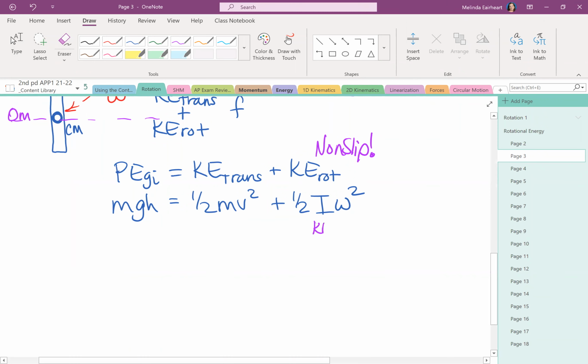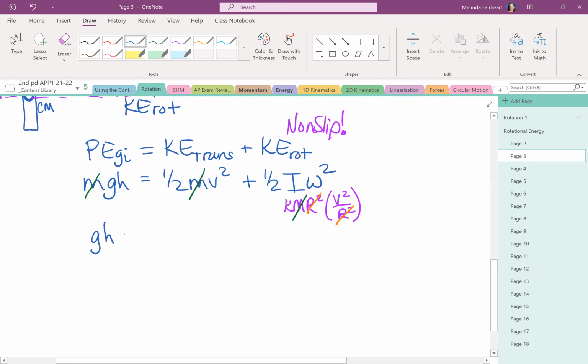Right, we can say that K mR squared times V squared over R squared. R's cancel, R squared cancels, and it's going to feel very similar, right? And so hopefully you see M's are going to cancel as well. So let me write what didn't cancel. And so GH equals 1/2 V squared, and that's the linear tangent speed, plus 1/2 KV squared.